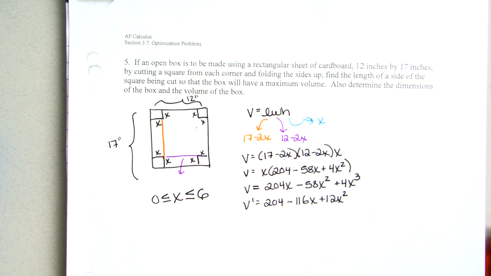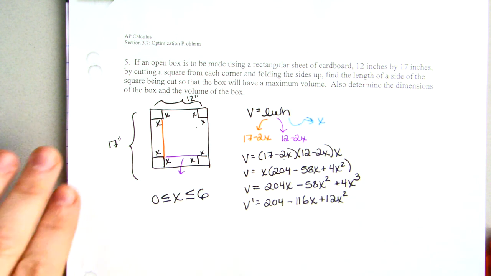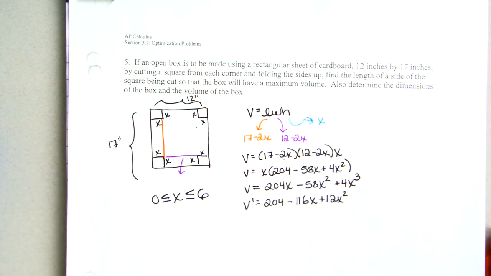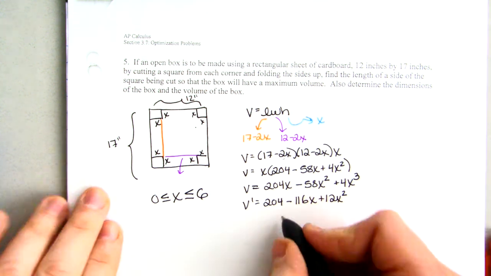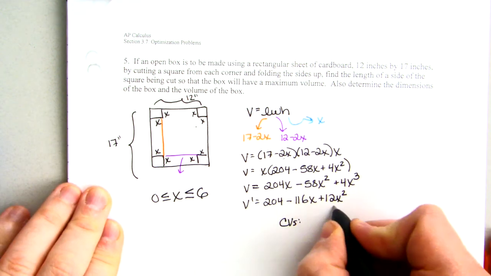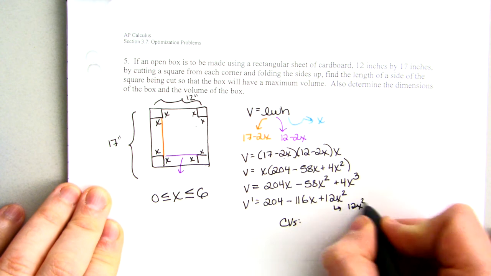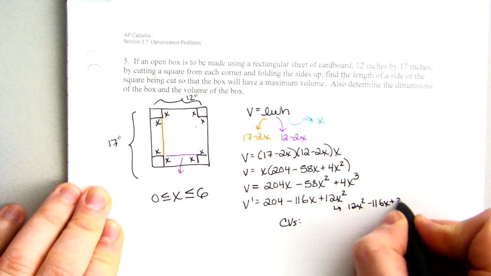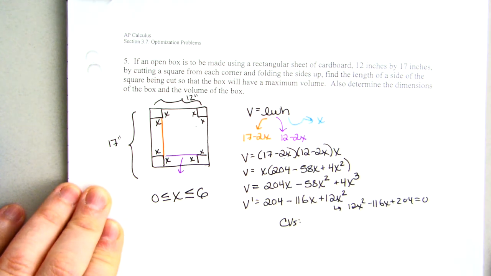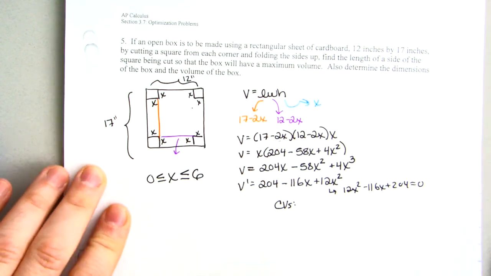We're going to go to the calculator at this point, and we're just going to use the quadratic formula. Take a moment and get your critical values. I'm going to set this equal to 0. 12x squared minus 116x plus 204 equals 0. Either write out the quadratic formula or use the program on the calculator.